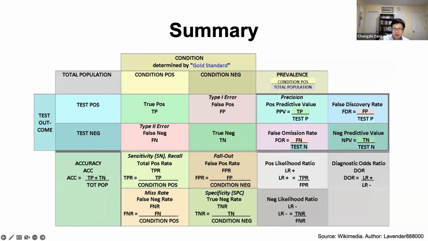The ideal, perfect case is that true positive is 100% and true negative is also 100%, with 0 type 1 error and 0 type 2 error. But that's the ideal world. In most cases, it cannot be this perfect. So there are different ways of measuring. You can keep this whole summary for reference.